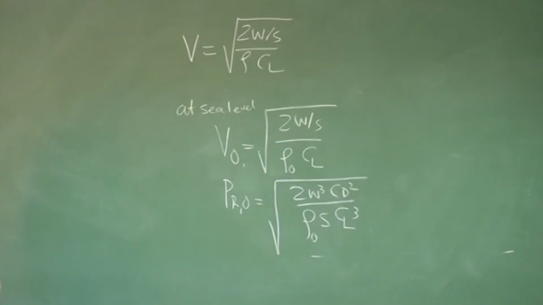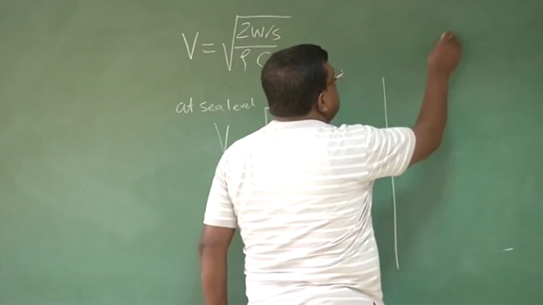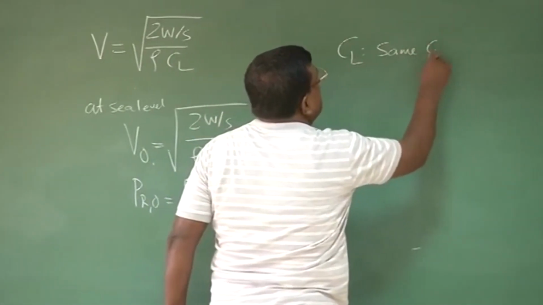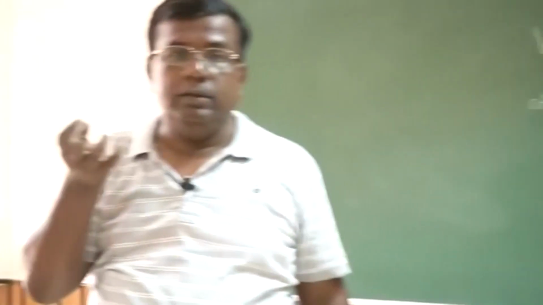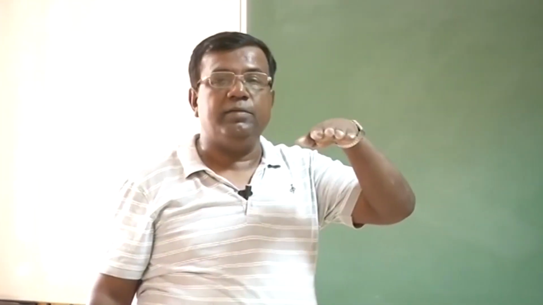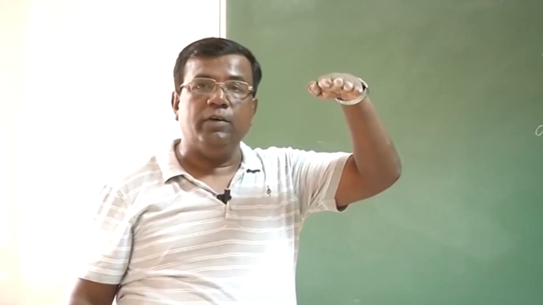Right. Now let us assume that we are still flying at the same CL, but we are going higher, so a different altitude. So what does it mean physically? If I am keeping the same CL, let's say I am at 1 kilometer, I am having lift equal to weight. Now I want to fly at 2 kilometers, so lift is still equal to weight.